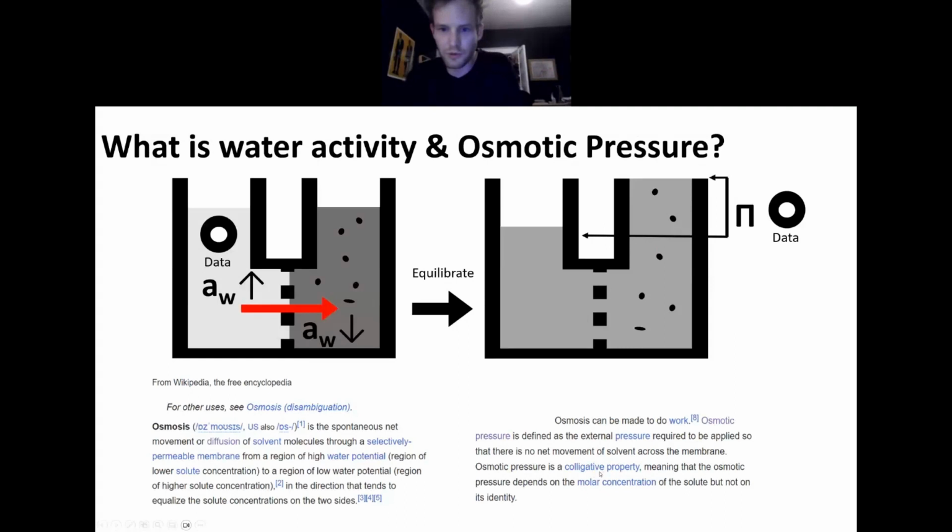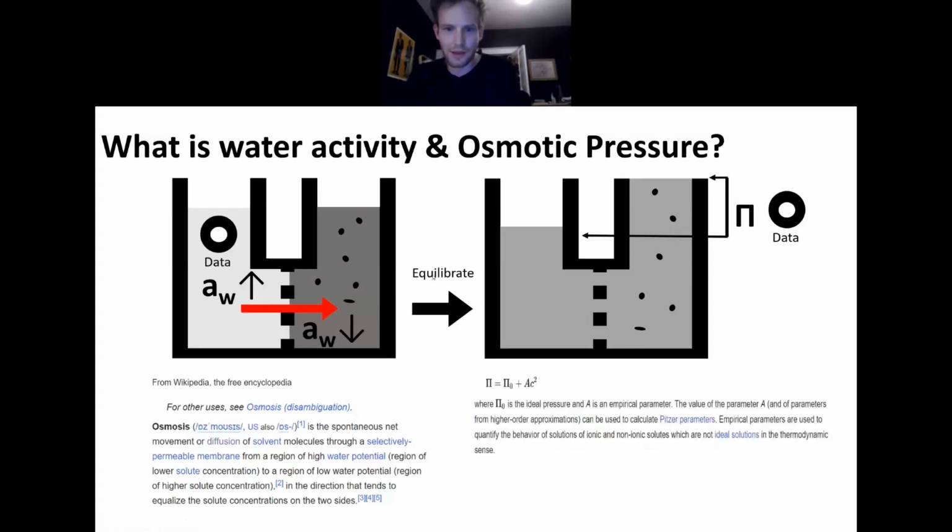And I'm going to, first of all, highlight that osmosis can be made to do work is really important, but that also this definition from Wikipedia, we're going to have to figure this out, right? I'm butting heads with it in some way. And what that means is that the osmotic pressure is an ideal parameter, or is basically the osmotic pressure plus A plus something, and this is the formal definition for osmotic pressure, where A is an empirical parameter.